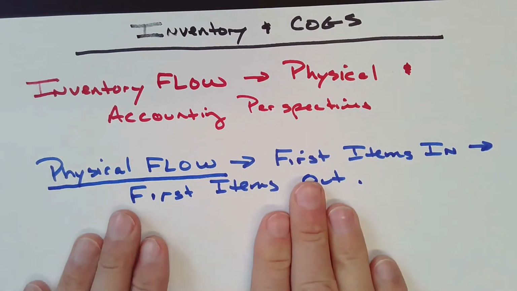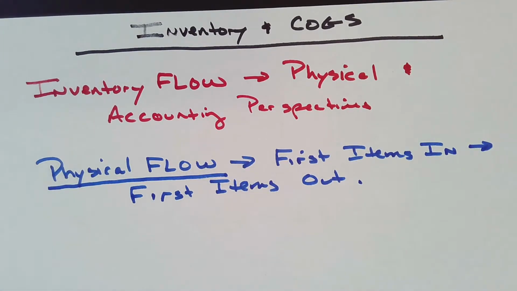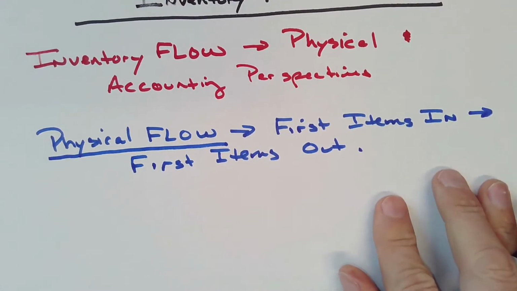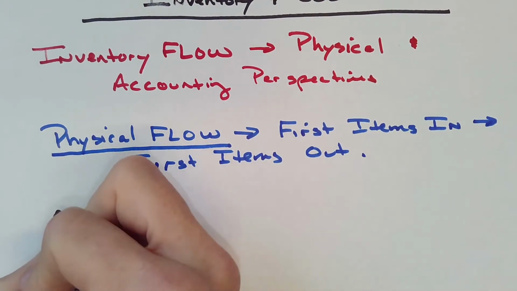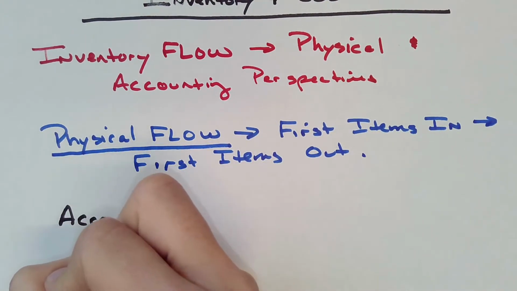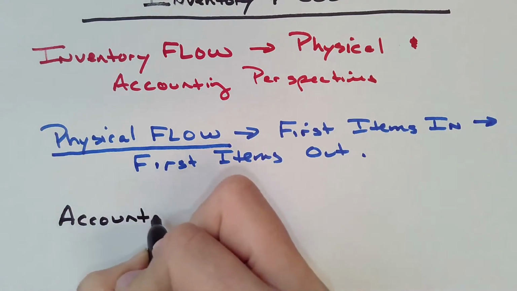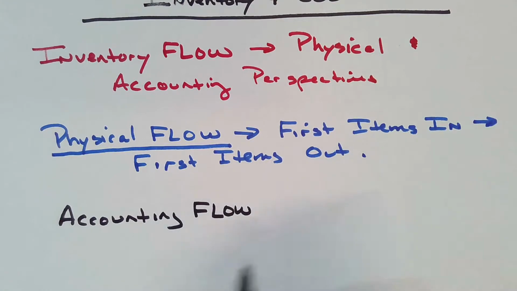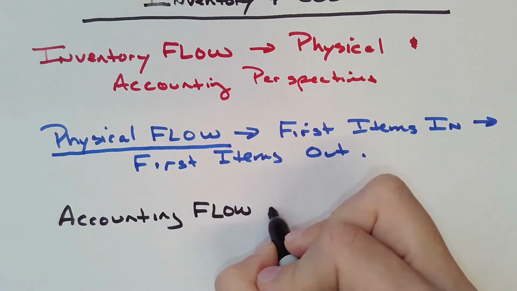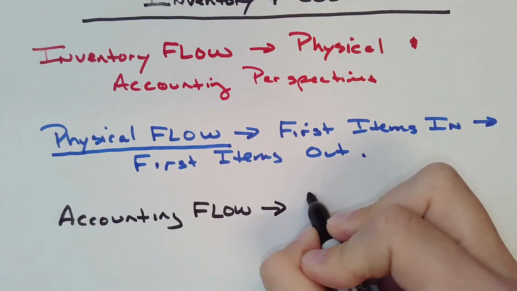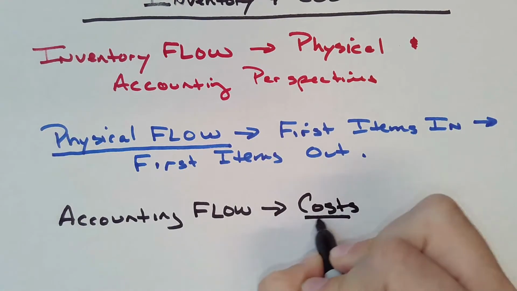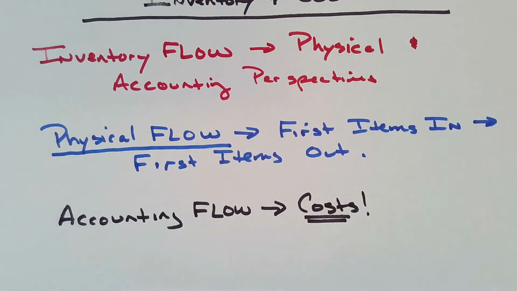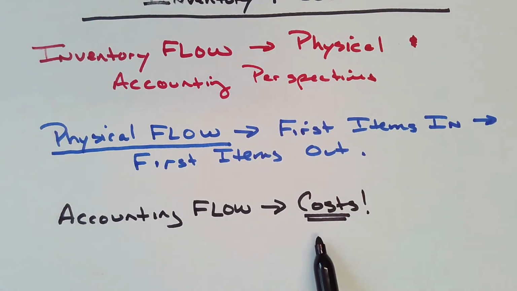The accounting flow can be different. The accounting flow, and we're talking about the accounting flow of costs. So all those costs that we talked about, the accounting flow can be different.